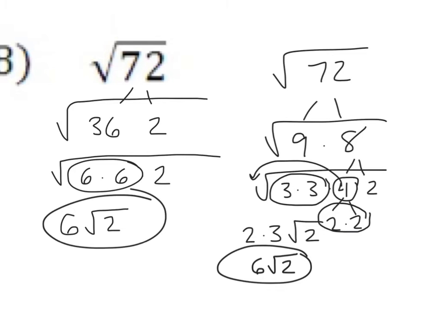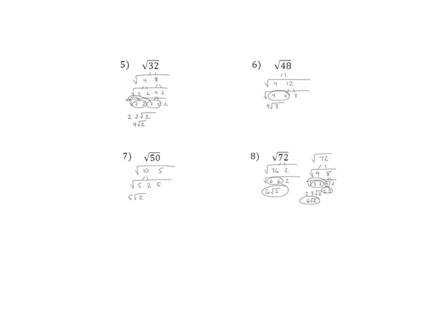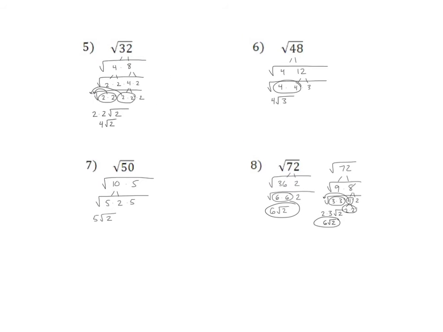So you have to multiply whatever you pull out in front. If we had 2 numbers still on the inside, like a 2 that didn't have a pair and a 3 that didn't have a pair, we'd have to multiply the numbers on the inside too. There'll be an example like that. Any questions?